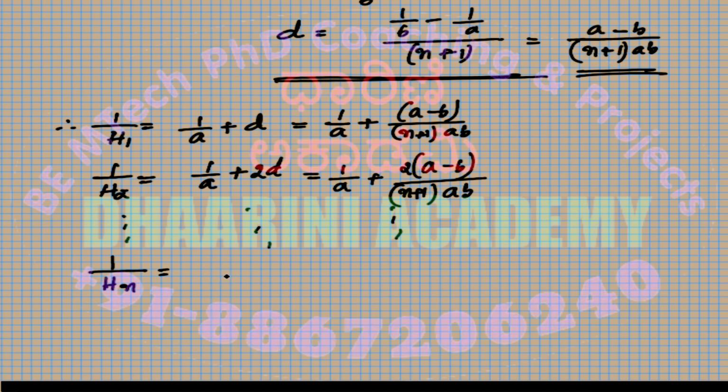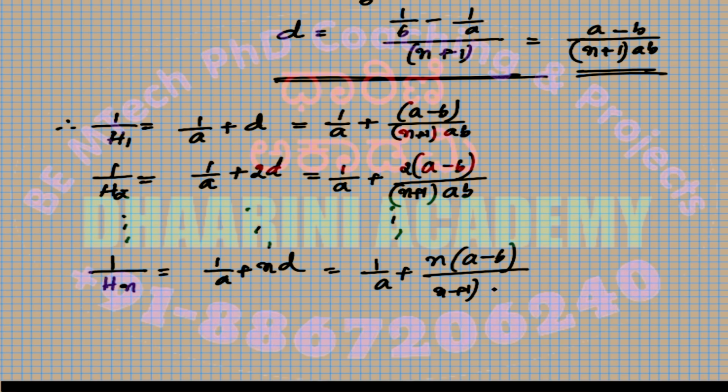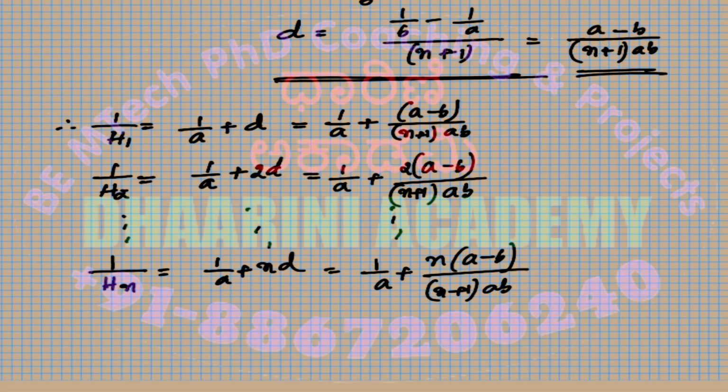So that is 1 by A plus n times D, which should be equal to 1 by A plus n times A minus B divided by n plus 1 times AB. This is the general equation to calculate hn. 1 by hn has to be calculated first because this is an HP, and then we will come back to hn by taking the inverse of that.